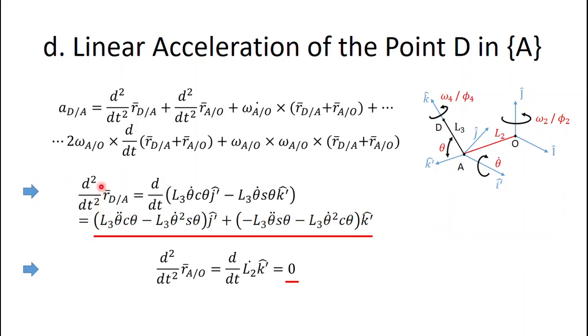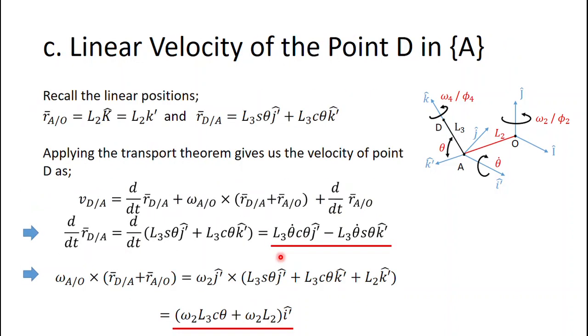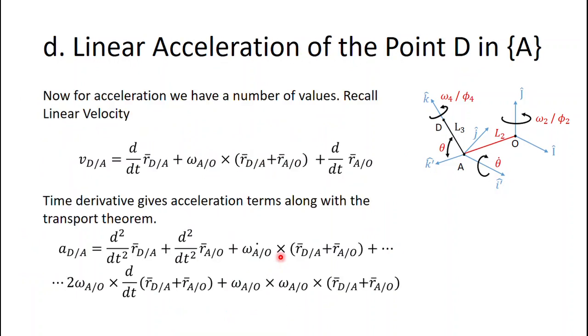The first term is d2 by dt2 of R d and A. We take the second derivative of the first derivative, and this turns out to be 2 terms along J and 2 terms along K prime. Then we take the second derivative of R A and O, which is just the first derivative of L2 dot K prime. Notice we found all of these terms in the previous velocity section as well, right?